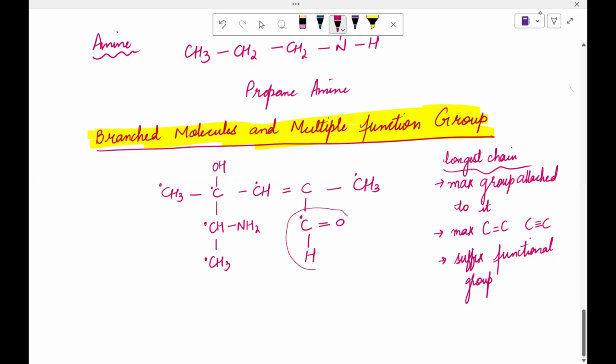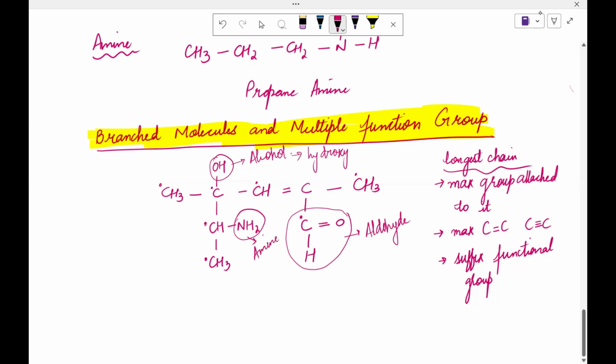This is the aldehyde group, and this is the alcohol group, which we call the hydroxy group. And this is the amine group that is attached to it.